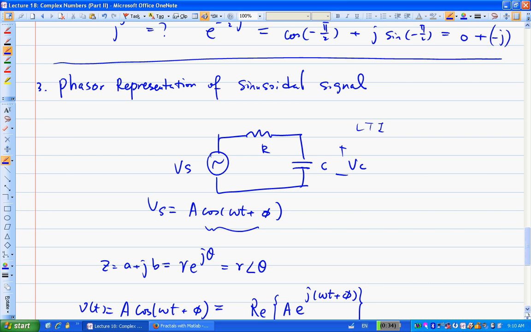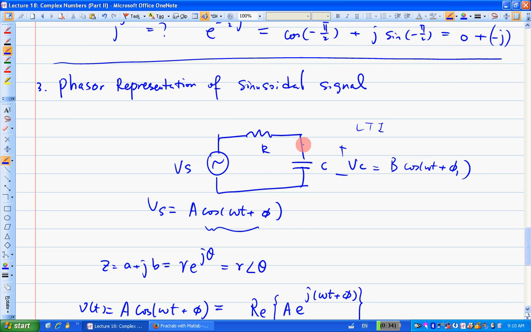When you inject an LTI system with a signal of a certain frequency, anywhere on that system, for example the output of the capacitor, will have the same frequency, but maybe different phase and different amplitude. So VC is probably going to be cosine(ωt plus another phase).